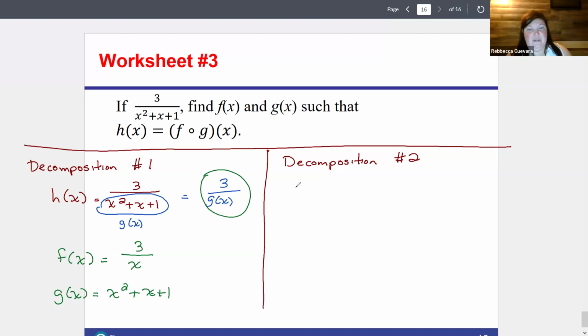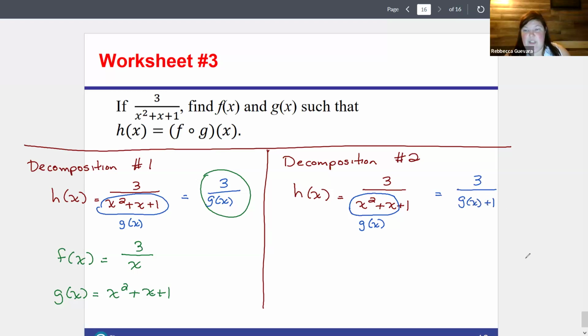And as I said, there's more than one way to do this. Another possibility is that maybe just these 2 here, x squared plus x, is my g. If that's the case, then I can rewrite this as 3 over g of x plus 1.